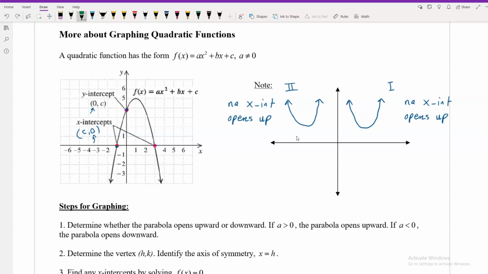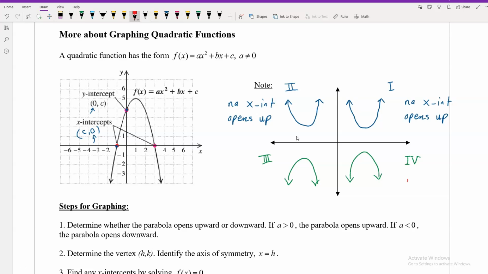And then here on this part, let's assume that we have these two graphs. Again, we have a y-intercept but no x-intercept.